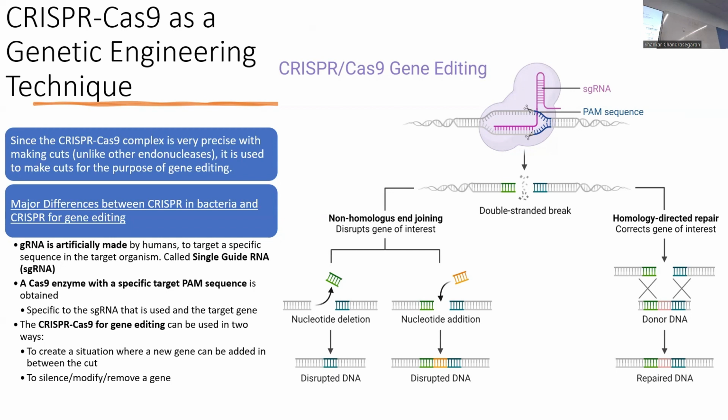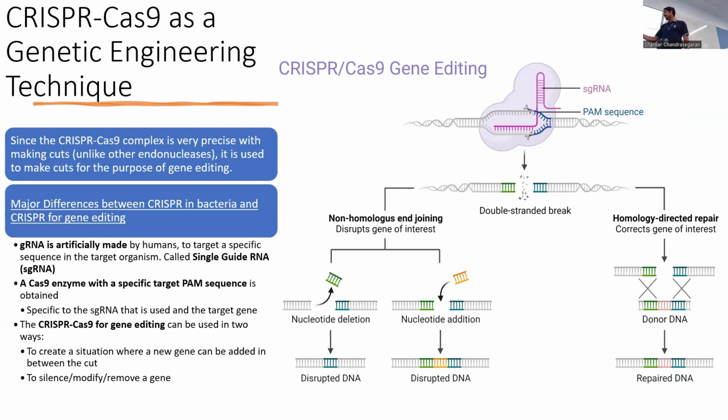Another thing it can do is that it can also silence, modify, or remove a gene, right? So essentially, you can see that here. This is the modified CRISPR-Cas9 complex for human gene editing. What happens? It makes a double-stranded cut. Now, what can happen here? A part of it can be deleted or a part can be added in.